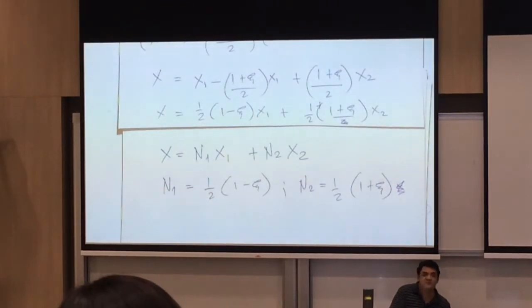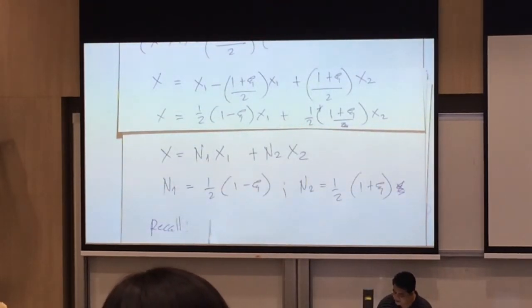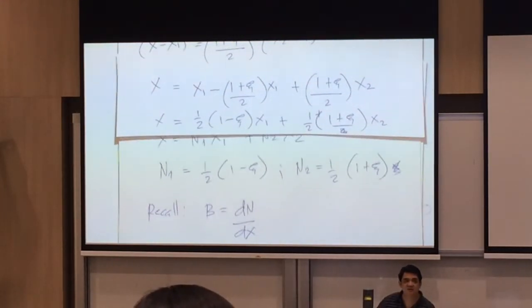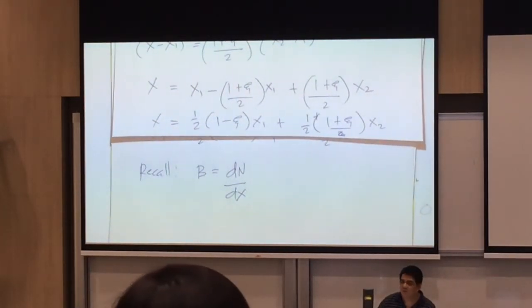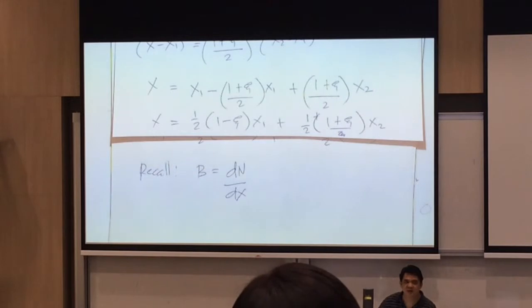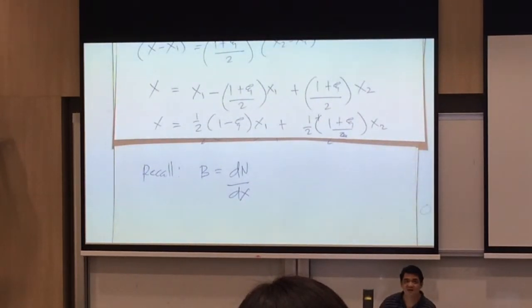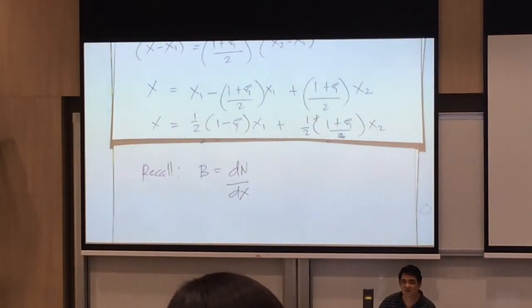So what to do next? We know that B is the derivative of N. Recall, what is B? B is dN dx. How do we do that?